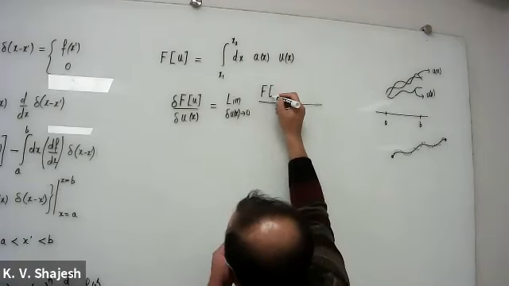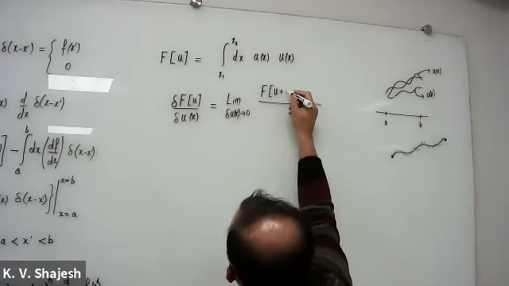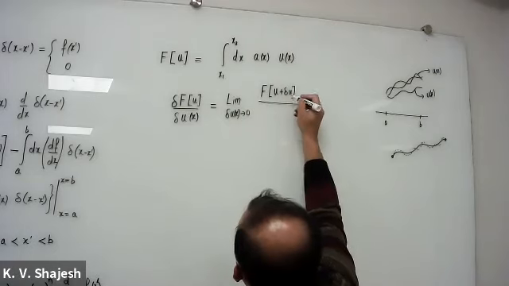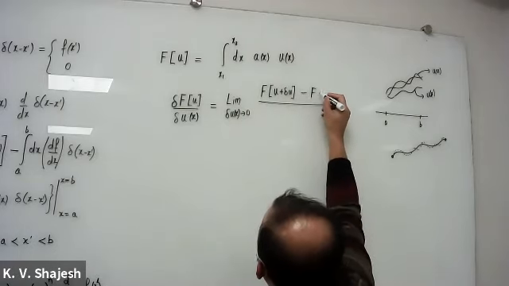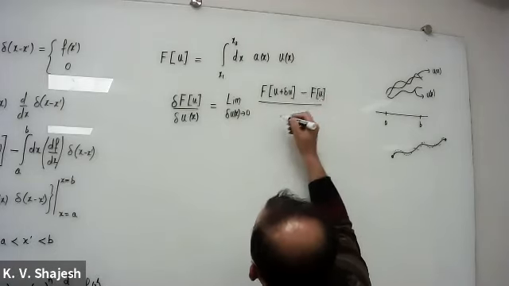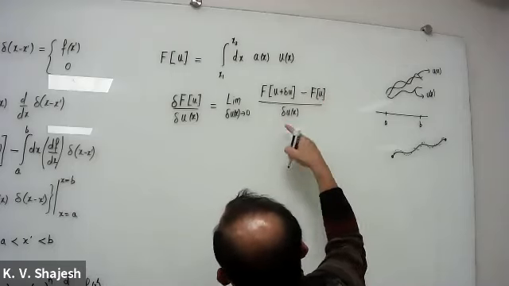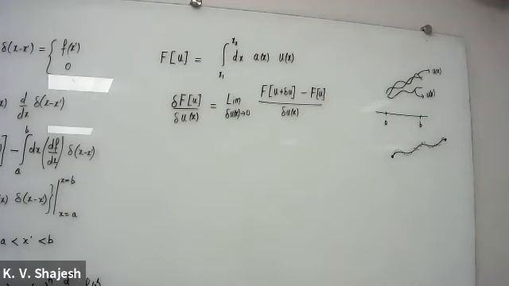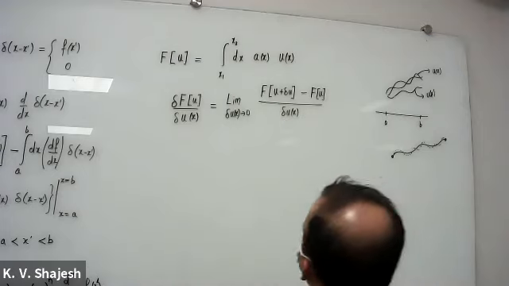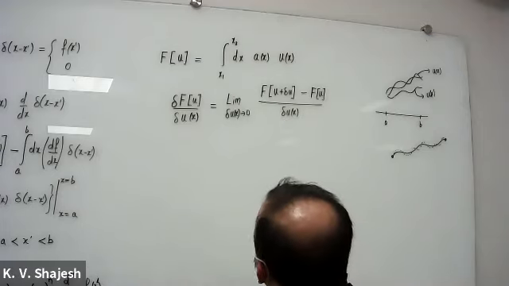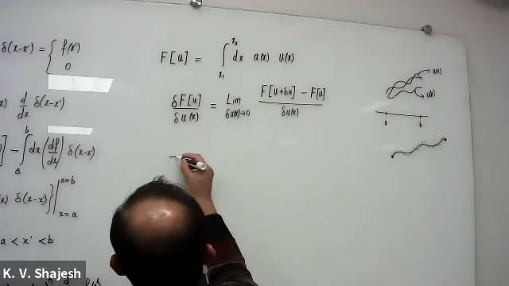So when you make a small change, this becomes u plus delta u. And then you subtract. What's the change in the functional due to a small change in the function itself? So this is the small change, and it is any arbitrary change in the function. It's not one particular function in there. So what is that equal to?